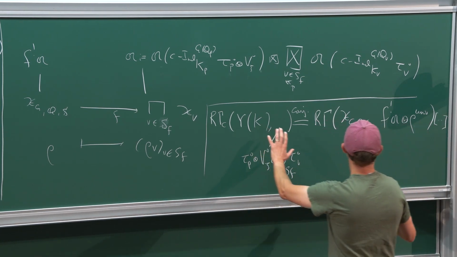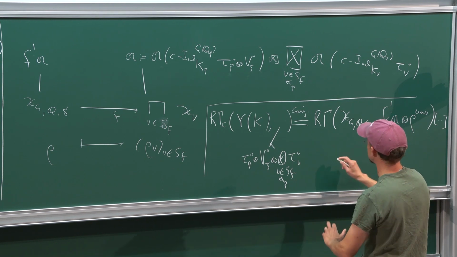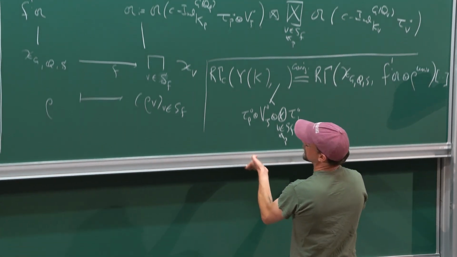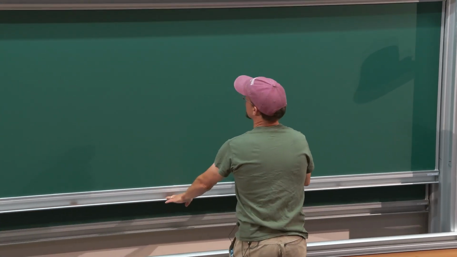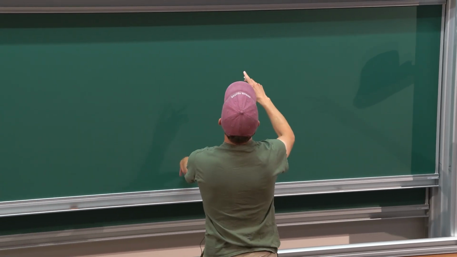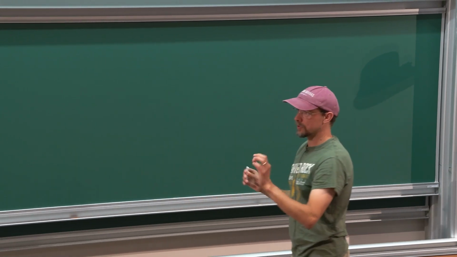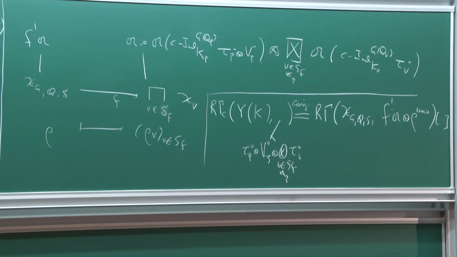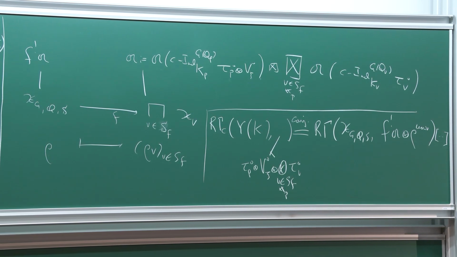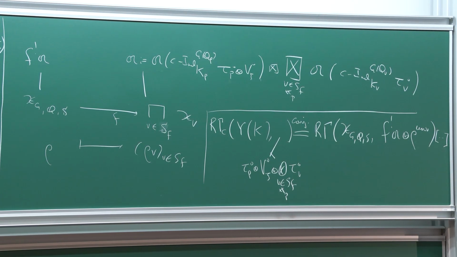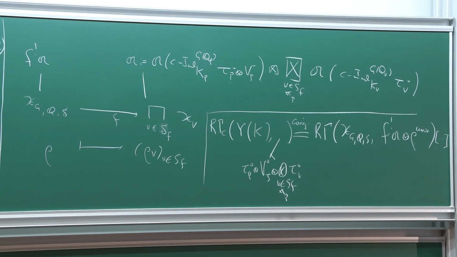So as I also said last time, you can localize this at mod P pseudo representations, because the global stack X breaks up as a disjoint union of components labeled by mod P pseudo representations.